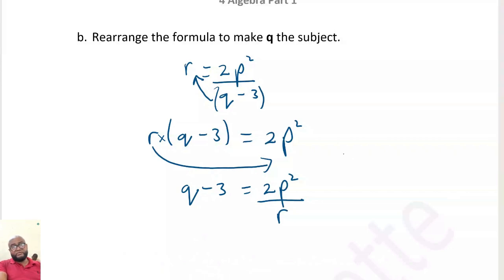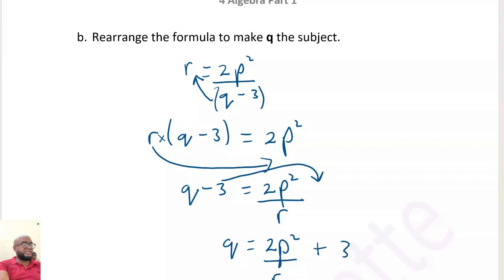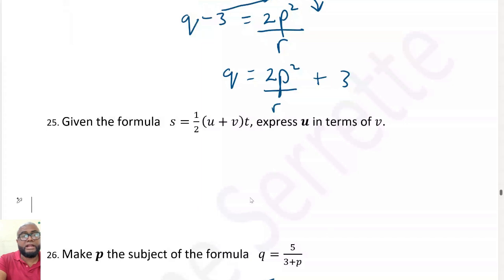What's the last thing to move? 3. When I move 3 over here, what do I do with it? Q is equal to 2P squared over R plus 3. The opposite of minus is to add. Copy that. Right, let's go.